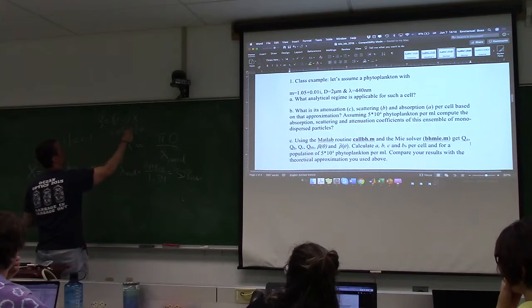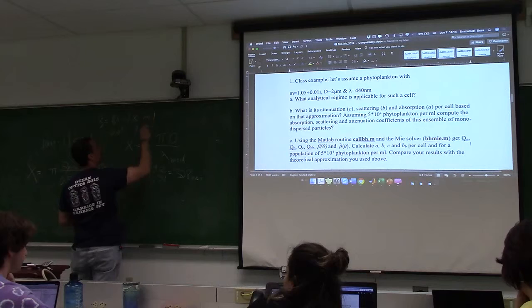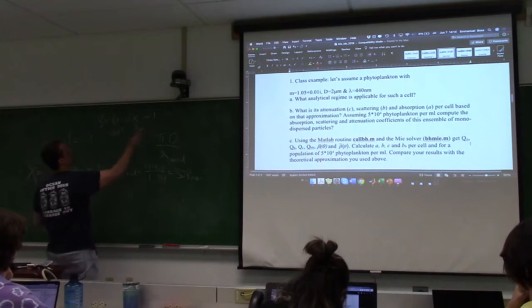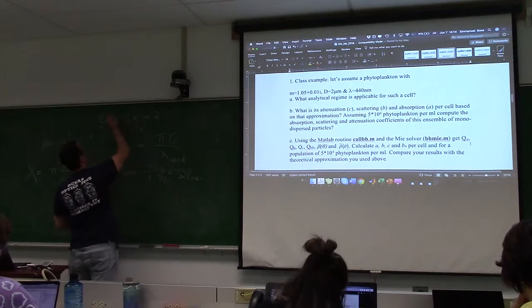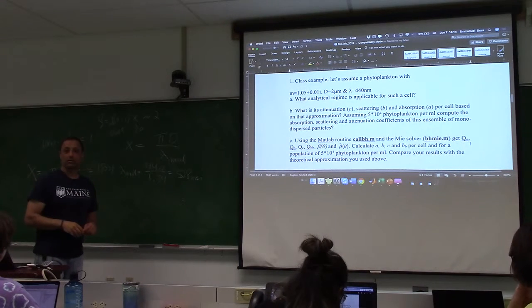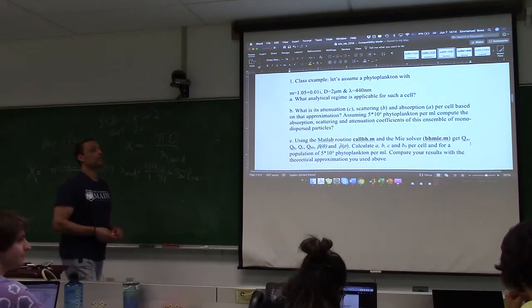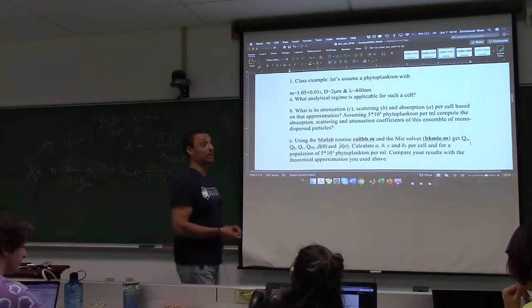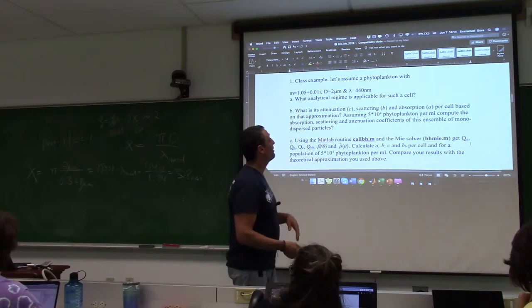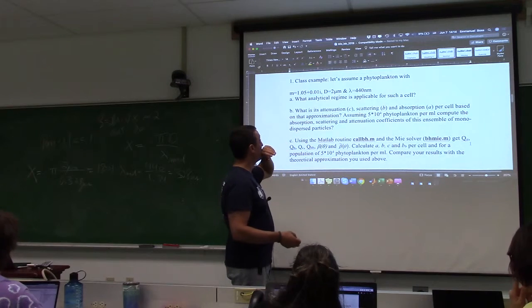This times this is about 1. Missing a factor of 2. Oh, sorry, 2. So it's about 2. Is 2 very small compared to 1? No. So we're not Rayleigh-Gans. So anomalous diffraction, exactly. A lot of people have used it too for phytoplankton, but yes, we're in anomalous diffraction.